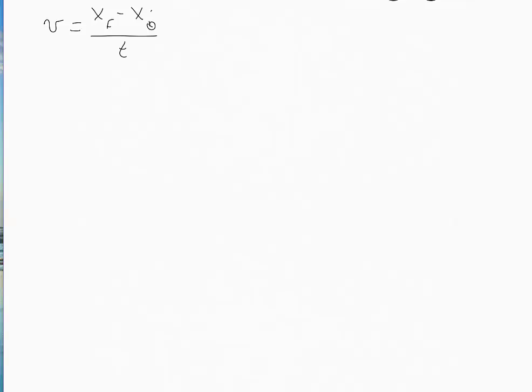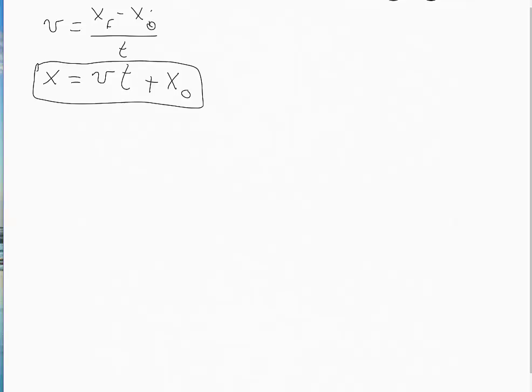In my equation, y equals mx plus b, my y is the x value. My x is the time value. My intercept is the initial x. So I can rearrange this to say that position is my speed times time plus my initial displacement, how far away I am from the actual origin.